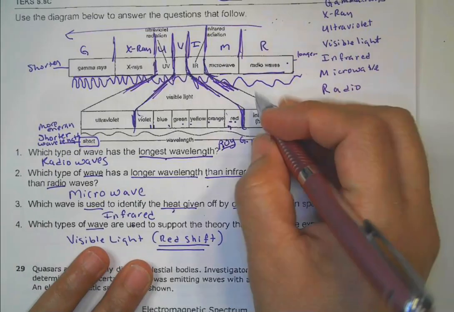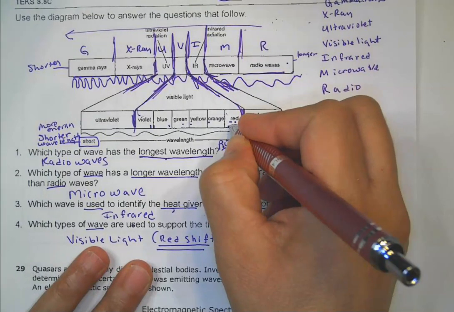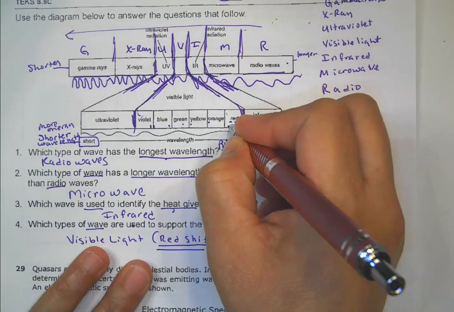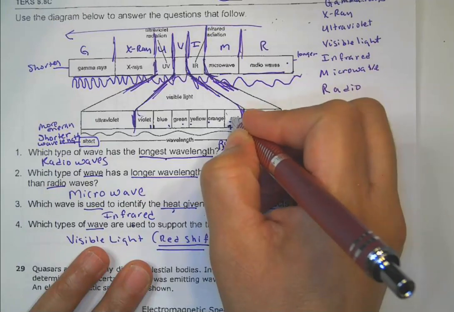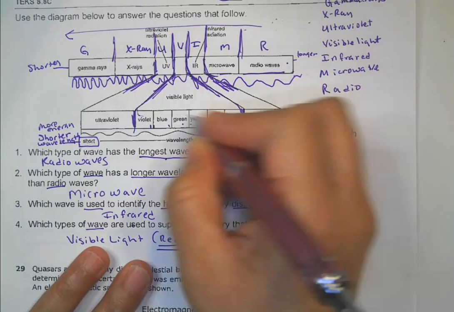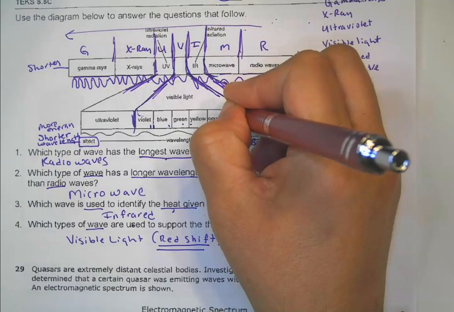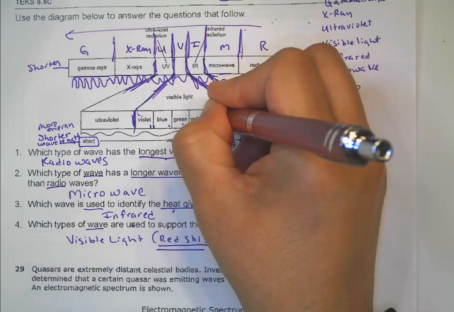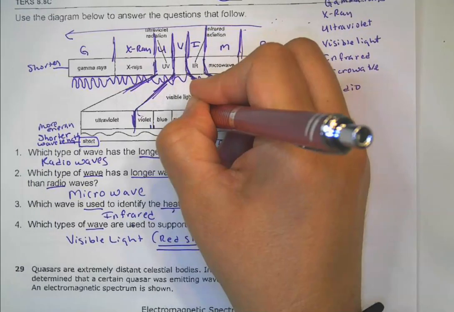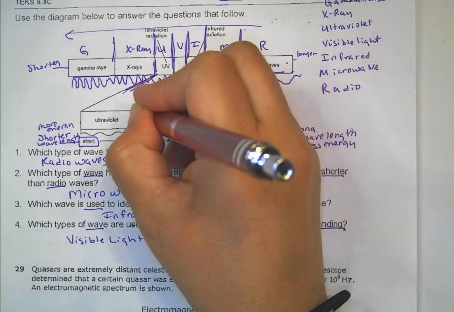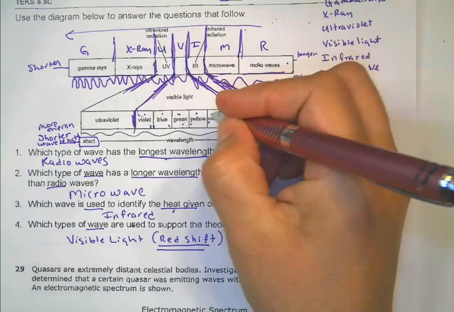If we think about ROY G. BIV, the color red is the one with the least amount of heat. As we move through ROY G. BIV, it goes from red energy, to more energy as I go orange, yellow more energy, green more energy, blue more energy, and violet highest energy.